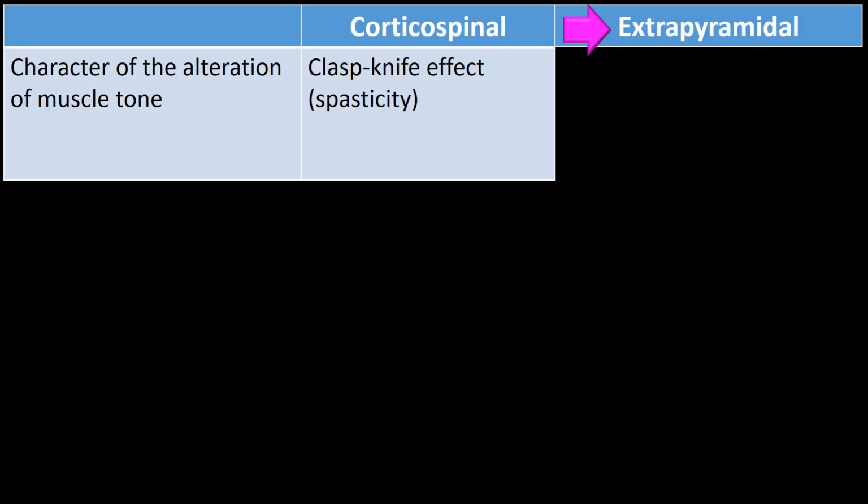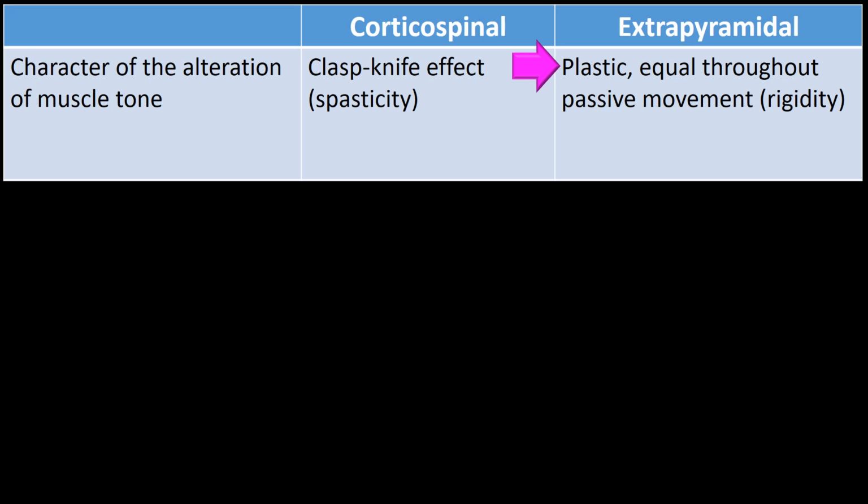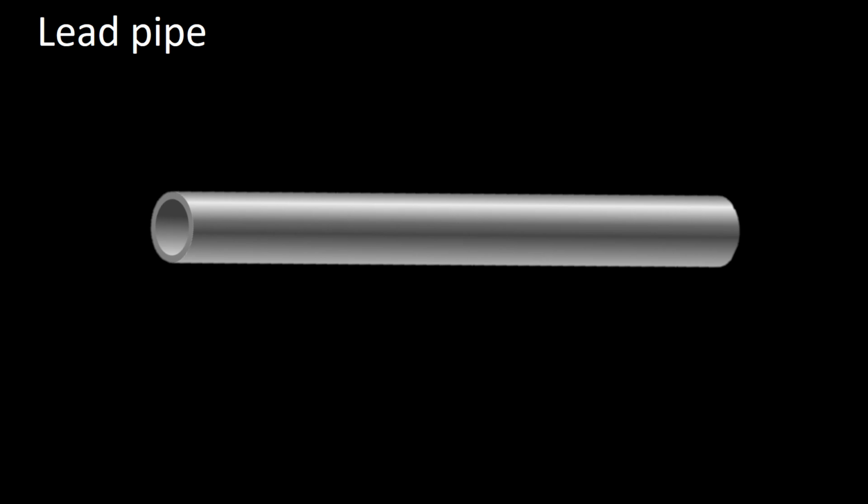In patients with extrapyramidal pathology, muscle tone findings are different. In the first form, the patient presents with equal resistance while passive movements are being tested. This type of resistance is referred to as plastic resistance or rigidity, or more colloquially referred to as lead pipe resistance.